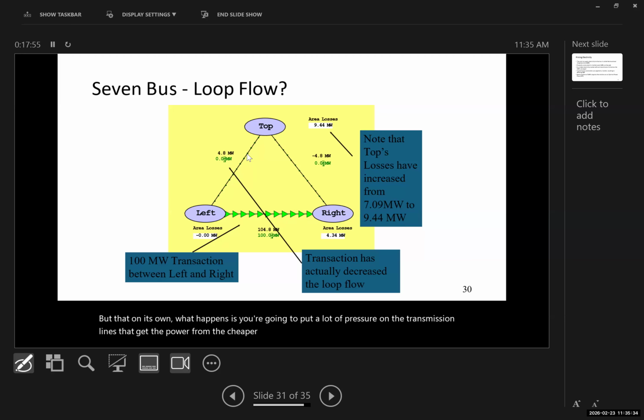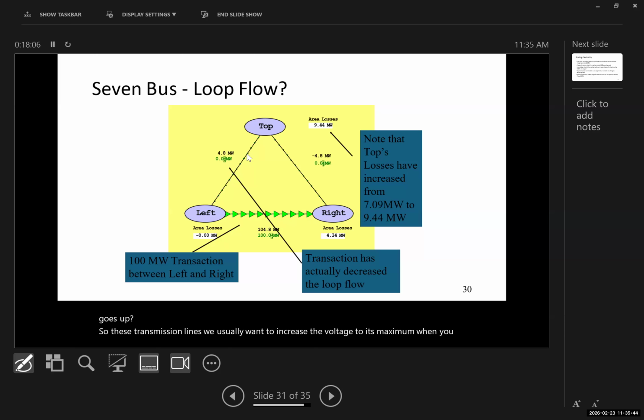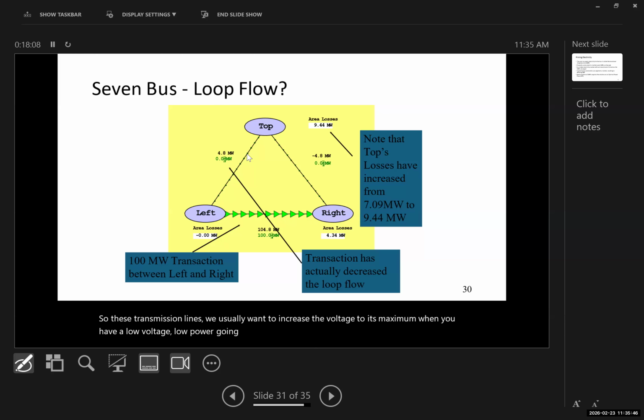Now, why do you think the loss goes up? So these transmission lines, we usually want to increase the voltage to its maximum. When you have a low voltage, low power going through them, just heating up the transmission line, it's going to create a lot of loss. So it's like you have a 10-lane line and you're just using one lane. It's more beneficial when you use 6, 7, or 8 of them.